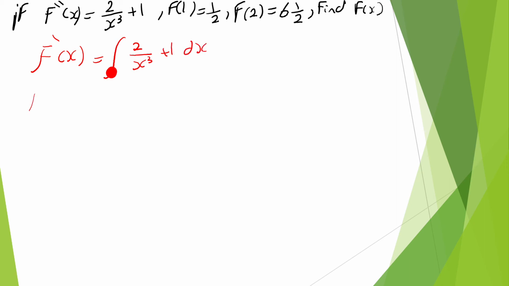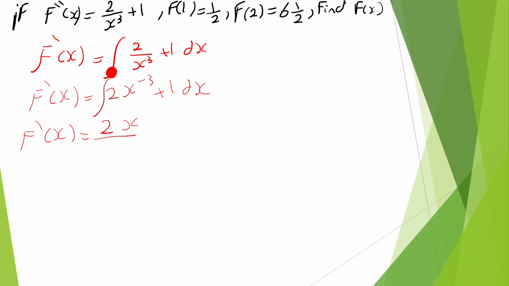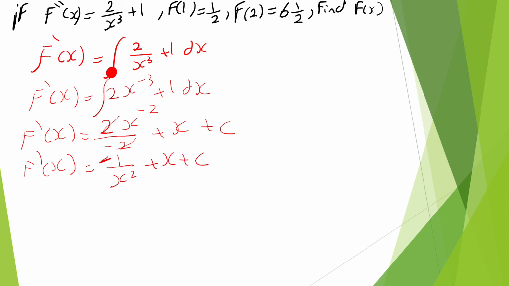With respect to x. So f dash of x, again we prepare our expression for integration. Negative 2 divided by x to the power of -2 over -2 plus x plus c. And then simplify this. Very important that we simplify this one. So we got negative 1 over x squared plus x plus c.